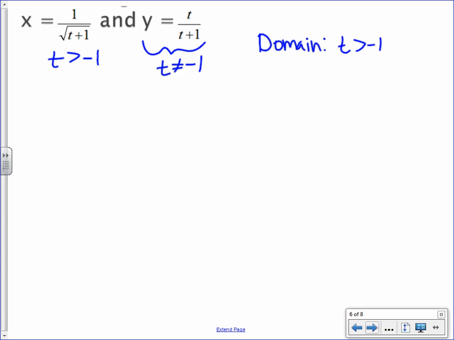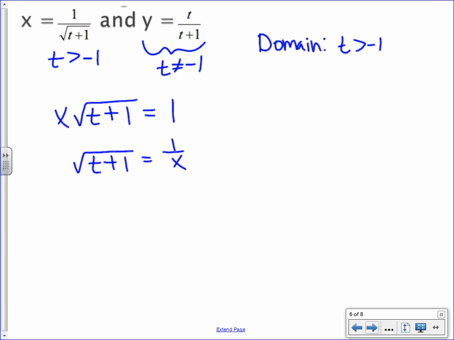What do you want to do for x? Multiply the denominator over. I like to divide by x. Let's get the square root by itself first. So we have the square root of t plus 1 equals 1 over x.